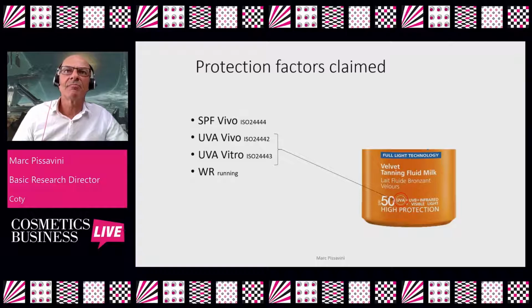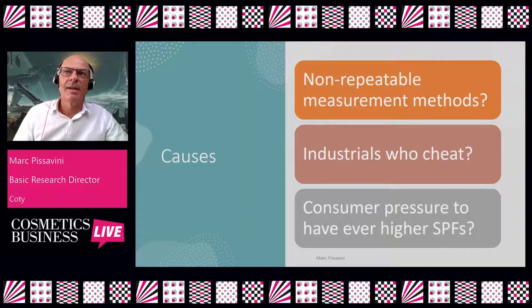So yes, it's possible that from time to time industry can make an error, but most of the time the result is very good and is linked to the claim. So if we see some problem between claim and SPF measure, the other cause is perhaps the consumer pressure.